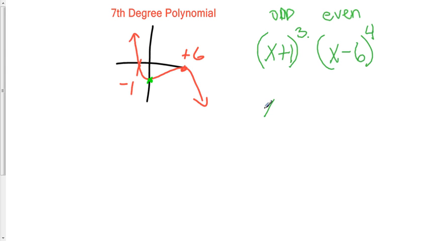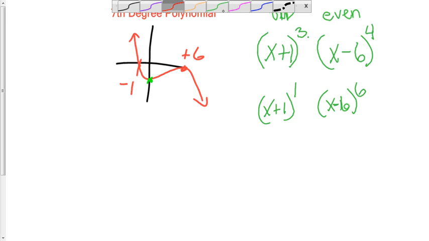It could also be x plus 1 to the 1st, and x minus 6 to the 6th. And similarly, this could be the 5th, and that would be the 2nd. And that's how you'd get a 7th degree polynomial.